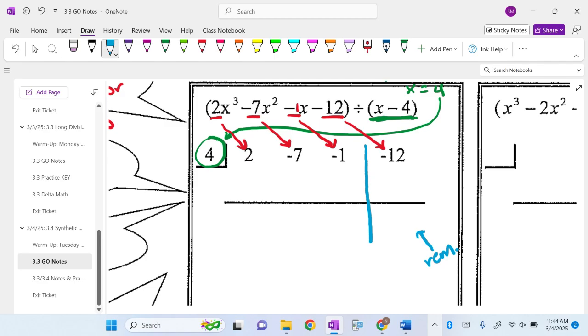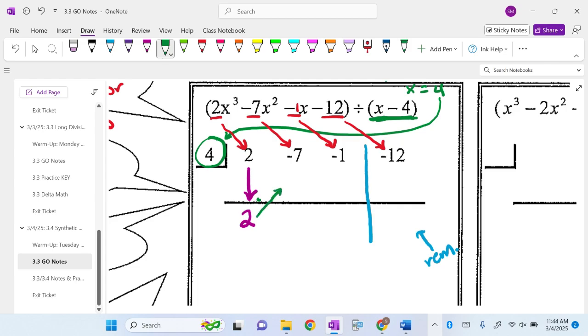Now, here's the process, and it's actually very, very easy. So, first things first, you bring the first number listed from left to right below this line. So, we're just going to rewrite it as 2. We then take this 2 and multiply our root to it, which is 4.